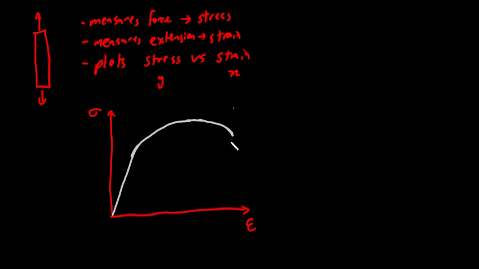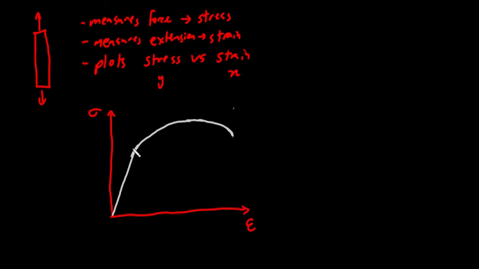Sometimes there's an error with the machine where it just drops down and then goes across. That just means that the object is broken. But yeah, so going into the main features of these diagrams, because these diagrams tell you a whole lot of information about the specimen itself, or the material, because again, material science. This might be a longer video, so strap your seatbelts.